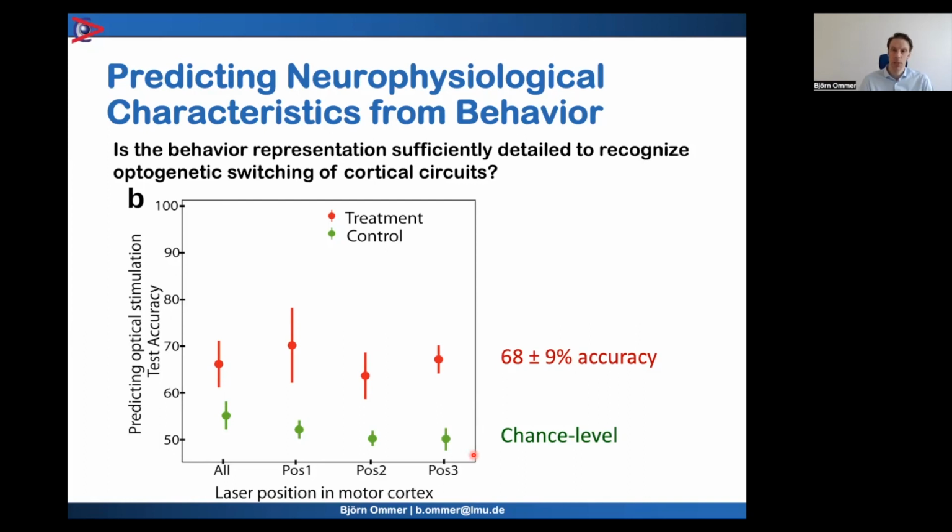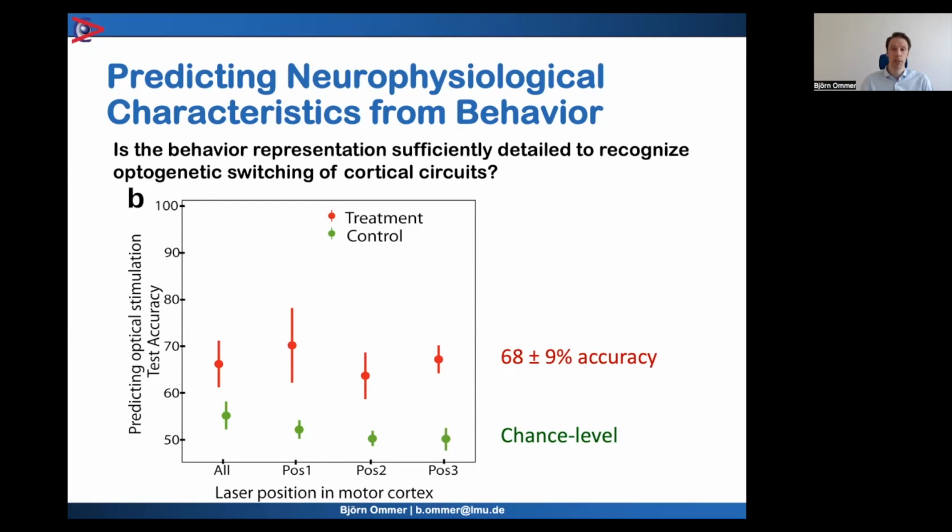Here we take animals with optogenetic silencer, the red cohort, which you see here, and a control group that does not have this silencer, so which essentially does not react to the optogenetic switching. And we try to classify based on the behavior if the laser was on or off at a given point in time. Now for control, we obtain chance level performance as was to be expected.